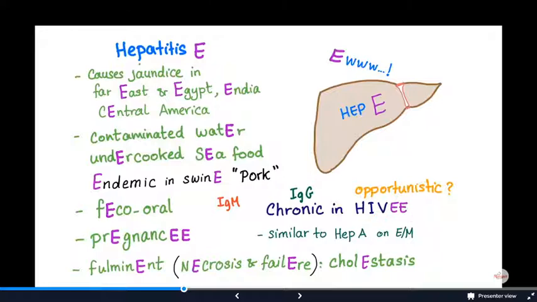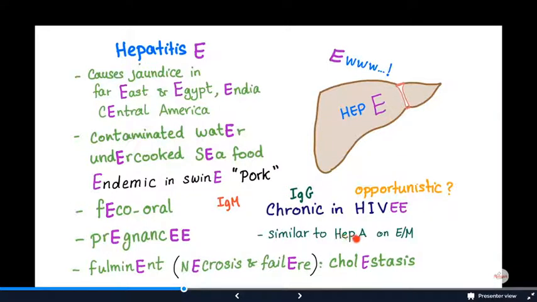Some textbooks, including Harrison's, which is my favorite book, I will link it in the description, regard Hep E as an opportunistic infection for people with HIV. So, acute will have IgM antibodies in the blood, and chronic will have anti-HEV IgG.